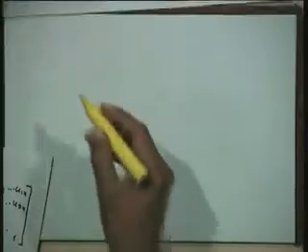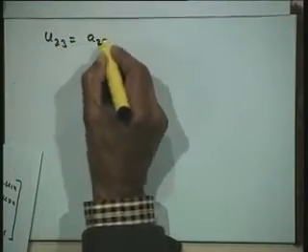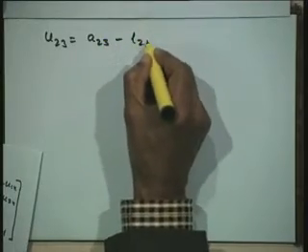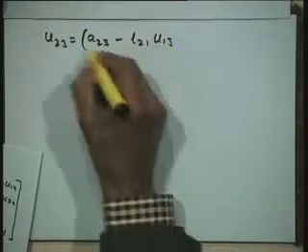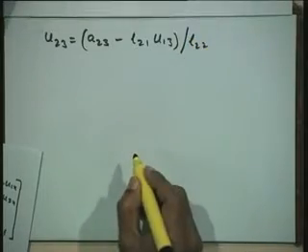That is the first element of U, that is your U23 is equal to A23 minus L21 U13 divided by L22.